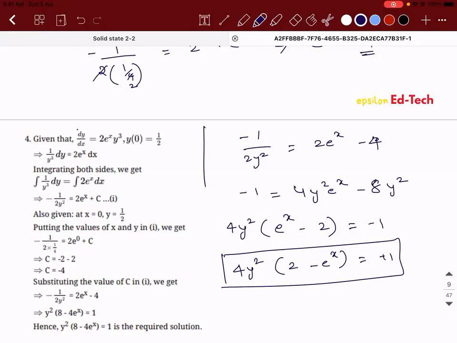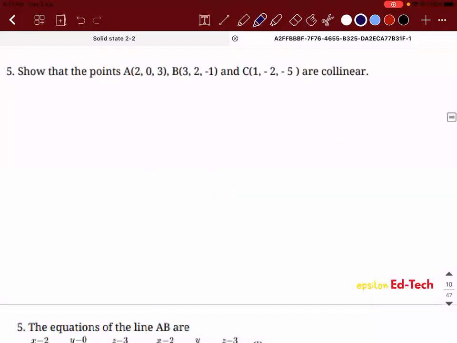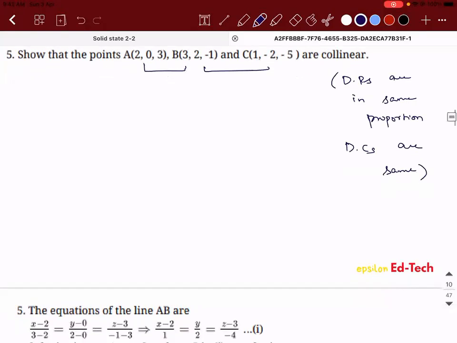Okay, next. Show that the points are collinear. So when the points are collinear, DRs are in the same proportion and DCs are the same. Okay. So DR of AB is how much? 1, 2, minus 4.